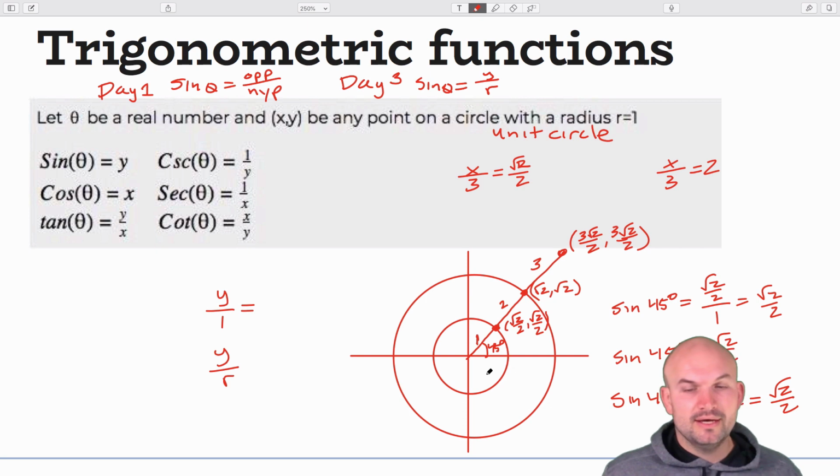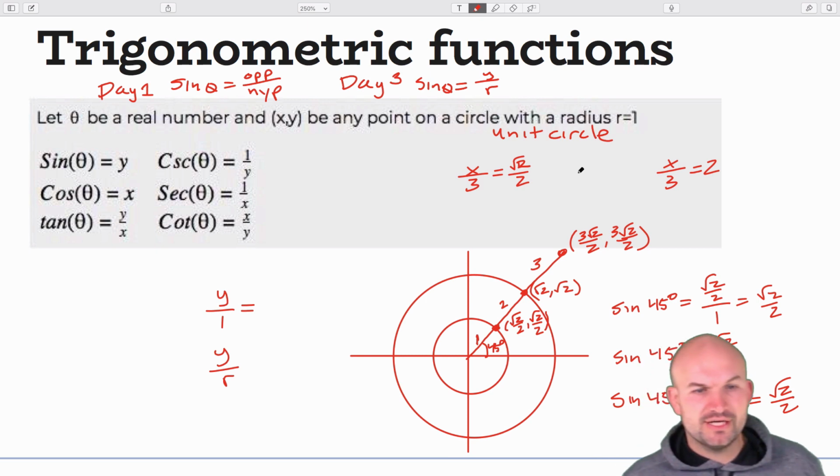All right, so make sure if you're just taking the x and the y, or you're evaluating these new definitions, that you're only using them when you have points on the unit circle. And you can see 45 degrees for each of those is all going to be square root of 2 over 2.